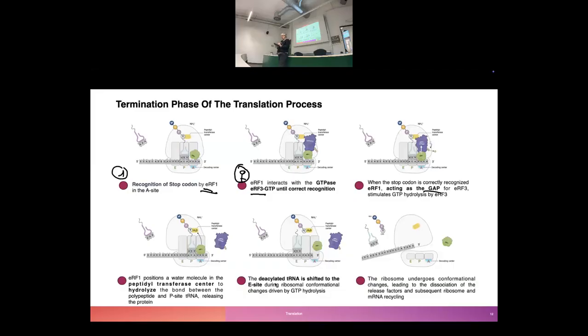At this point, RF1 will function as a GAP, and due to the GTPase activity of RF3, this one will deactivate itself by hydrolysis of the GTP, and this will promote the release of RF3 from the interaction with RF1. Okay, so this was number three. Here we are in number four.